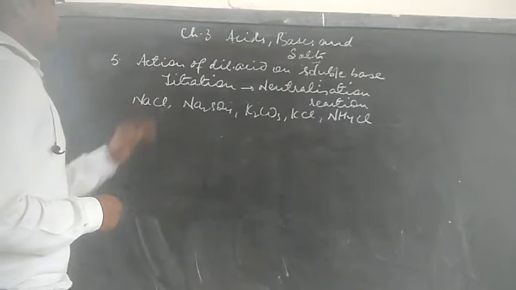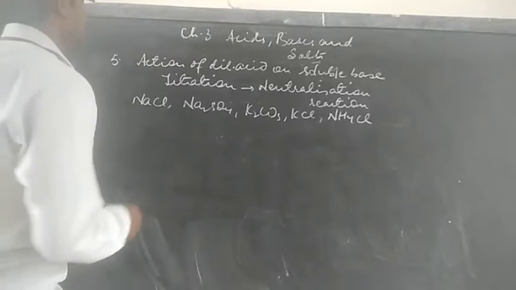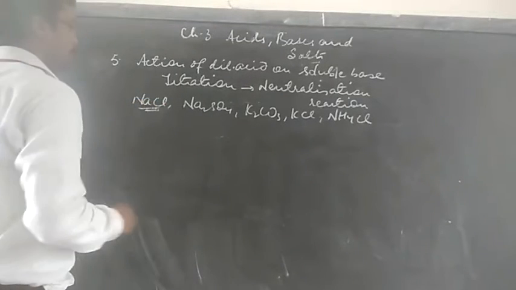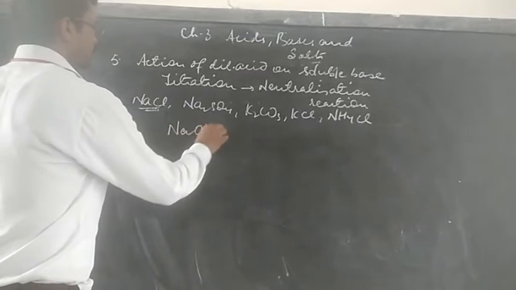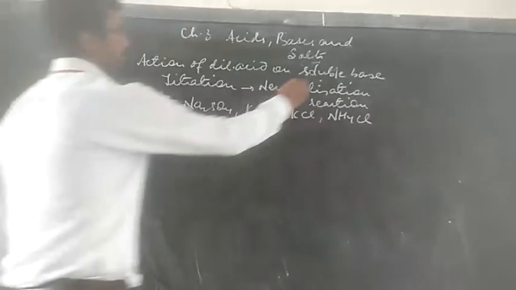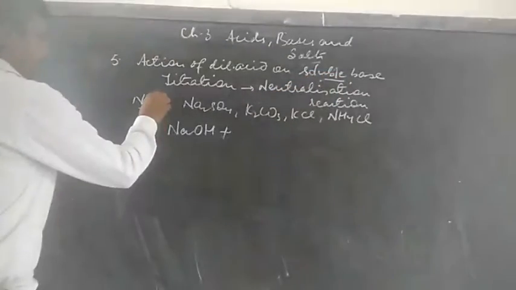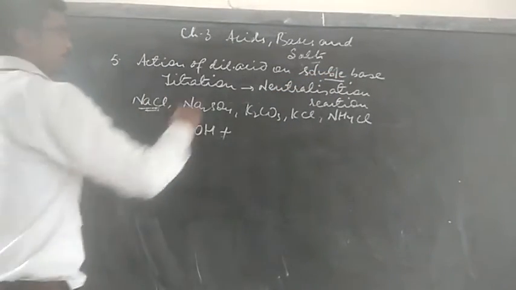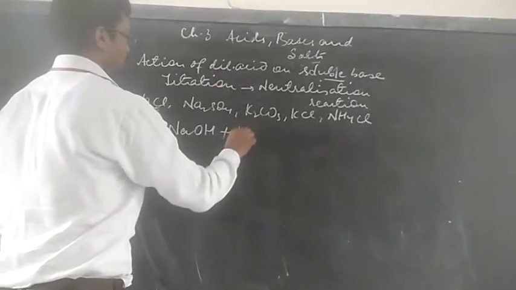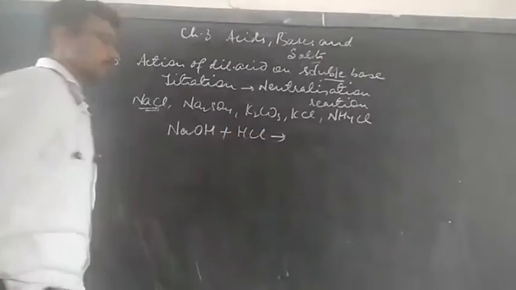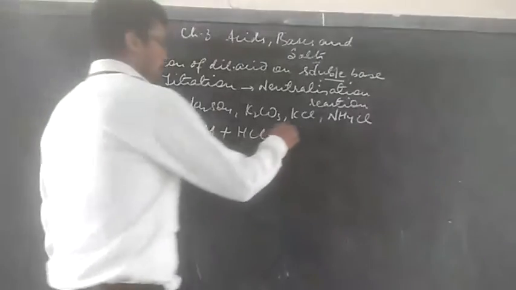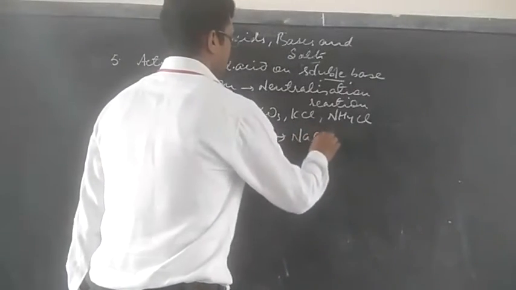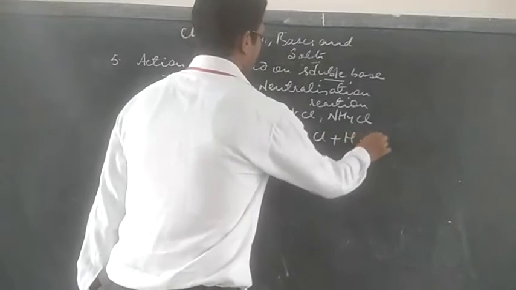Suppose we have sodium chloride to prepare, then the equation will be NaOH, a soluble base, and chloride will be there in an acid like hydrochloric acid. So it becomes a reaction between acid and soluble base to give salt and water.